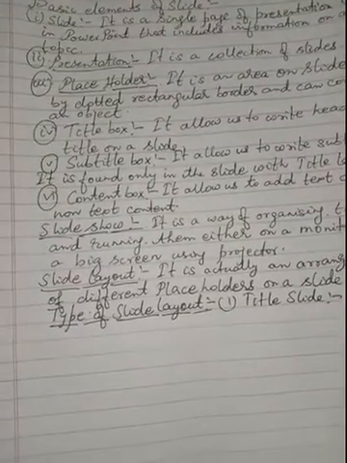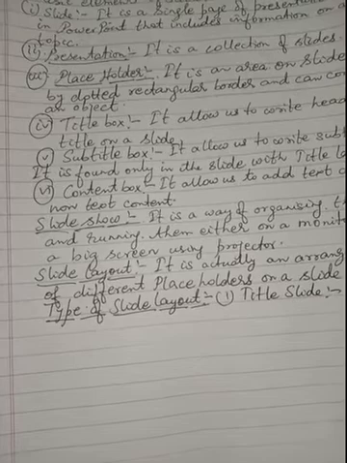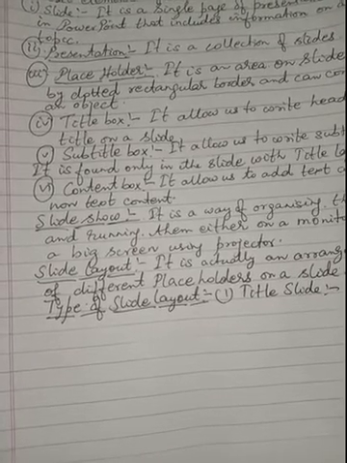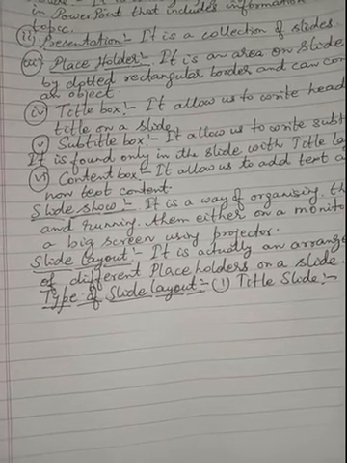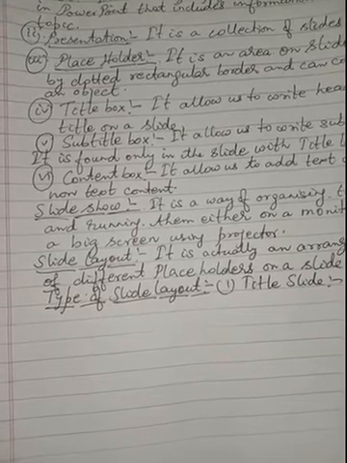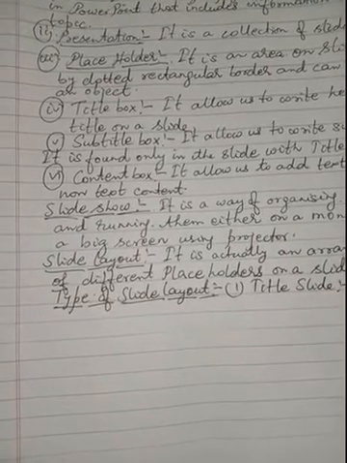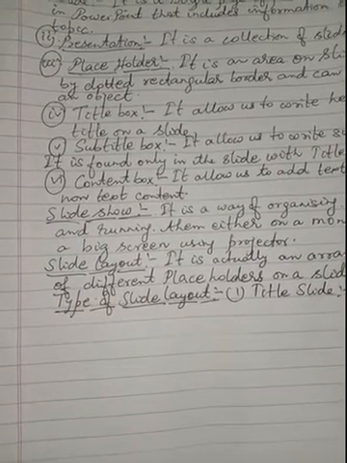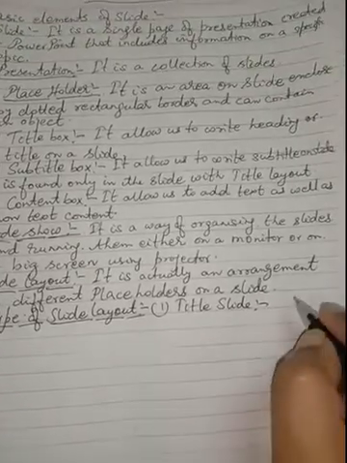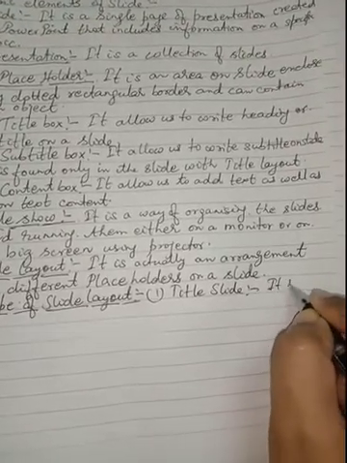Mostly there are 9 types of slide layout that are available in PowerPoint. We can use them according to our need for how we want to display the information. The first is the title slide. The title slide has generally 2 placeholders.